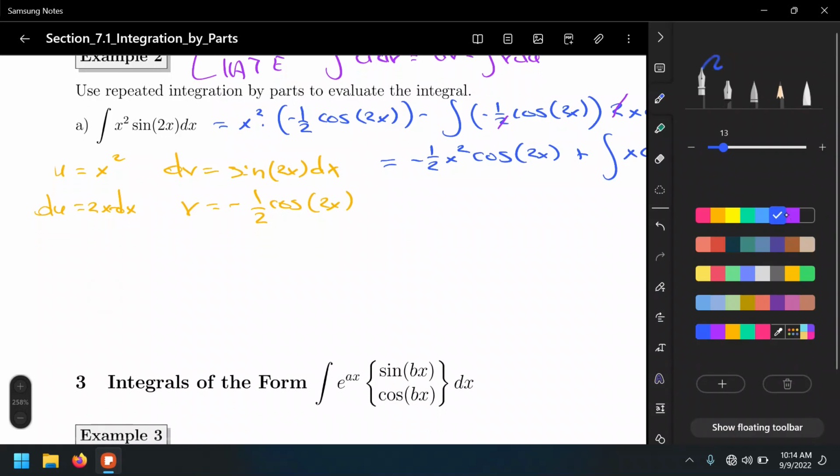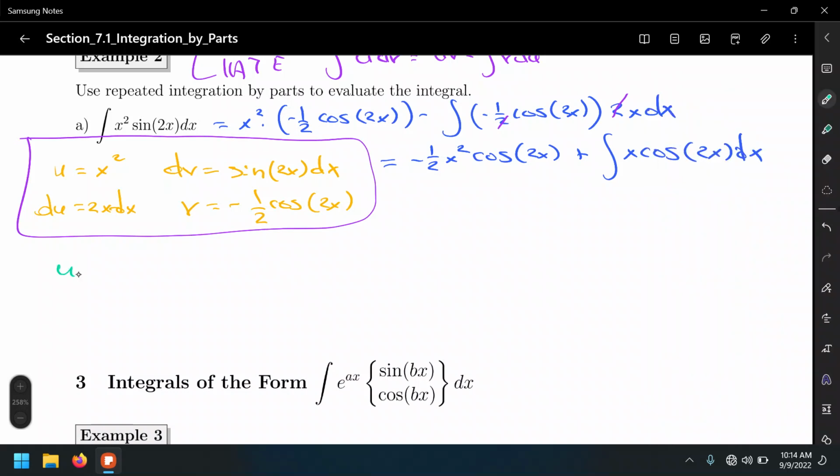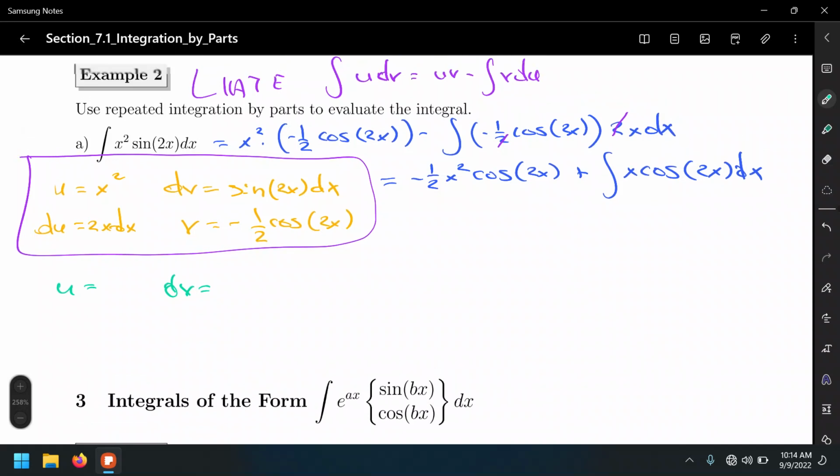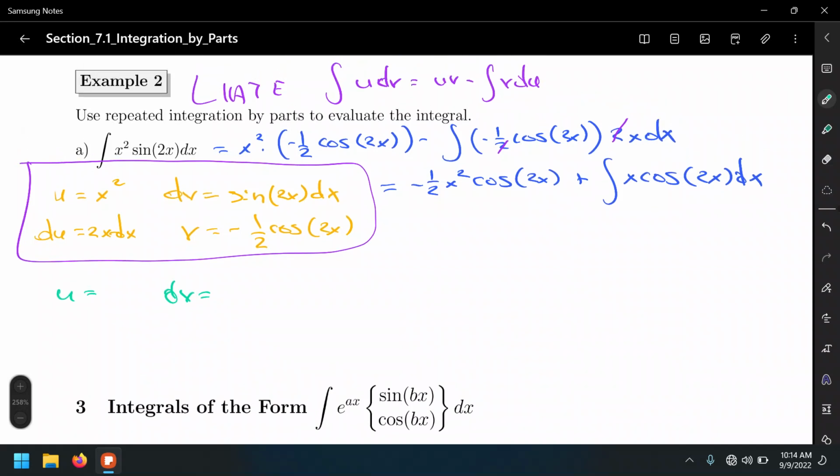Well, so that's one setup for the integration by parts. Let's do a second setup. U equals something, dv rather, equals the other part of the integral. And again, what's u going to be in this case? So if we go again with the acronym, what else? Do we have any logarithms? No. Do we have any inverse trigonometric functions?